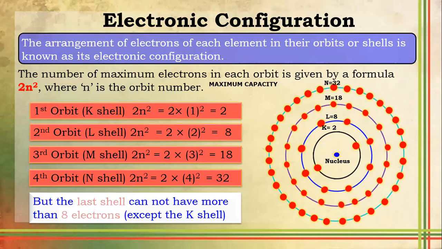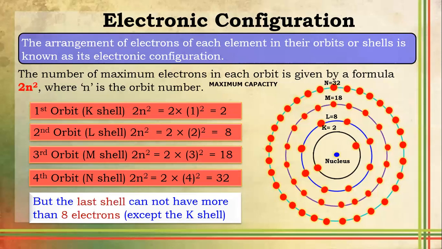Whatever the capacity, if the N shell, the fourth shell, is the last shell for a particular atom, then for that atom to be stable, the fourth shell should have 8 electrons. If not, then it is not stable.